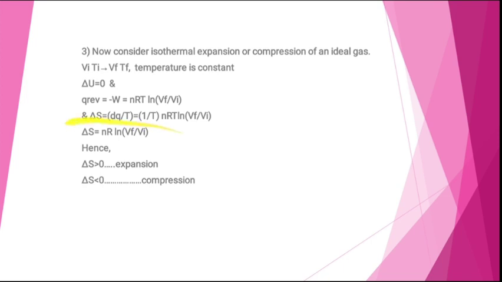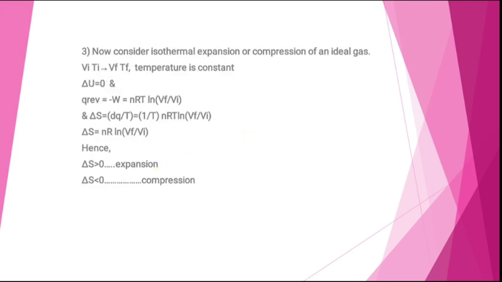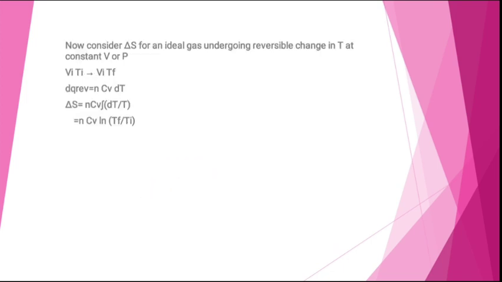So this is our entropy change for irreversible processes. We can say when delta S is greater than 0, that is the expansion. That means when the change in entropy is greater than 0, the system will expand, and when delta S is less than 0, the system will undergo compression. So this is all about entropy and the second law of thermodynamics.